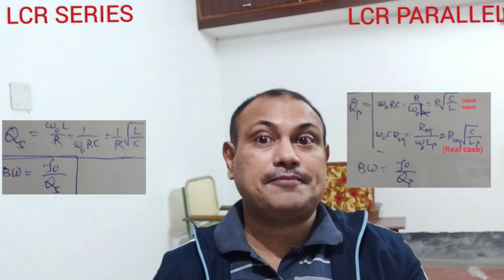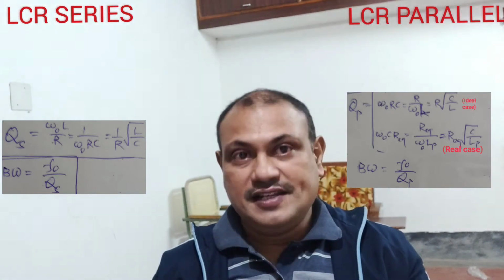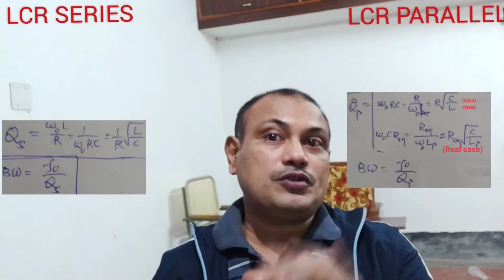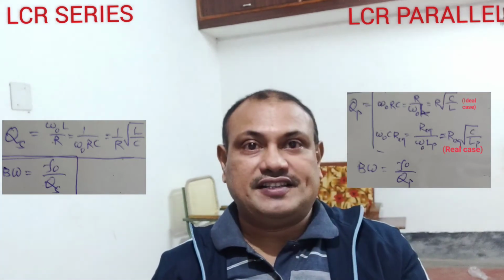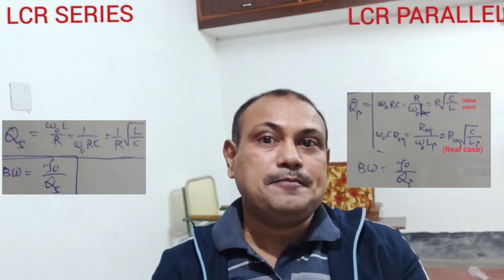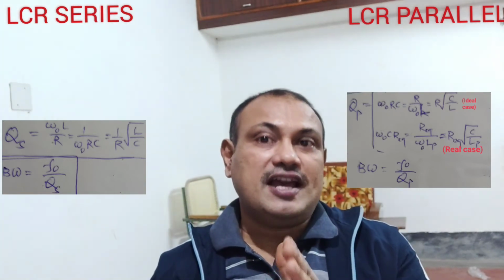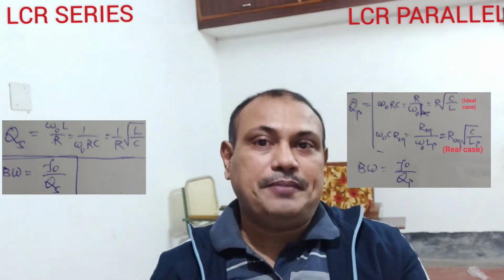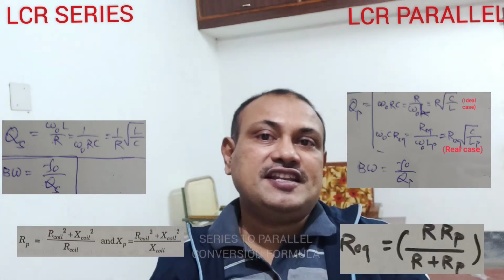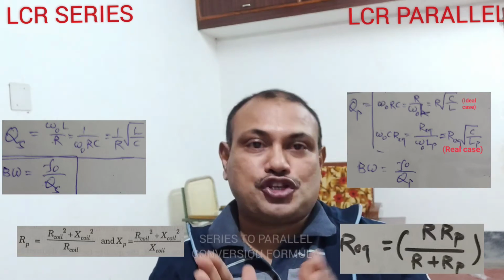If it is a real LCR parallel circuit, then we have to replace the resistance by R equivalent, that is equivalent resistance, and the inductance L has to be replaced with parallel inductance LP using the series to parallel conversion formula.